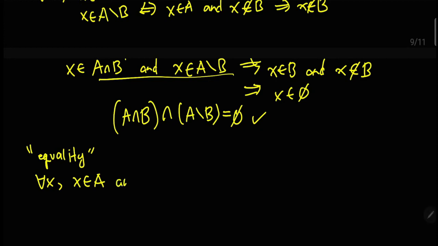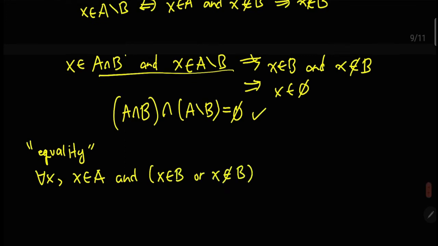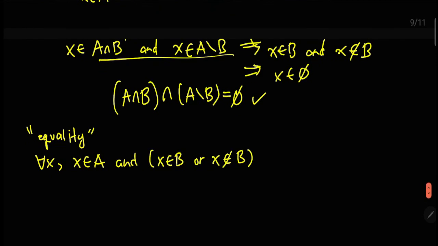Now, we can introduce this statement: x is in B or x is not in B. We know that this statement is tautologically true. This is a tautology, right? If you have P or not P, this is always true.